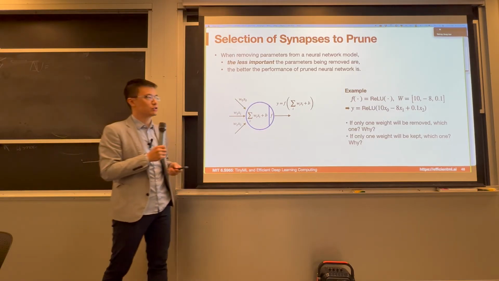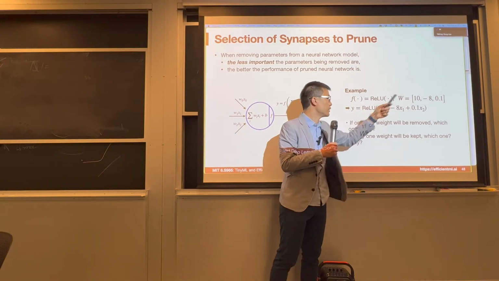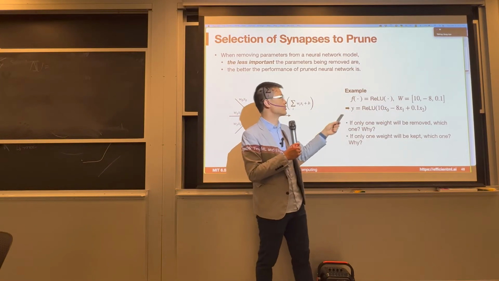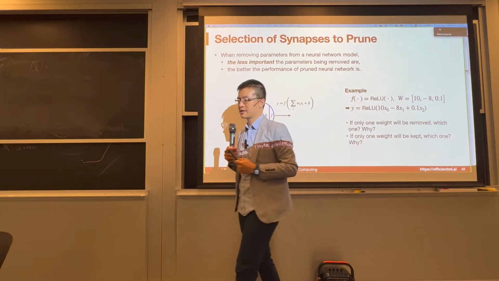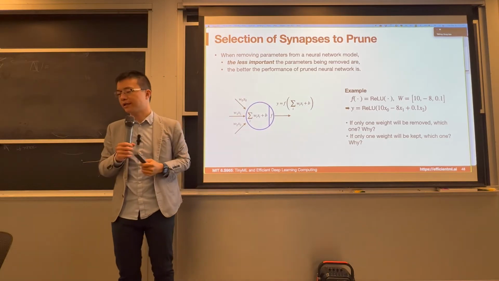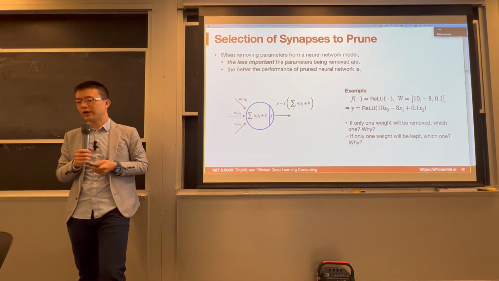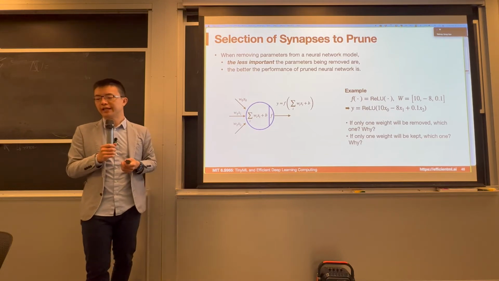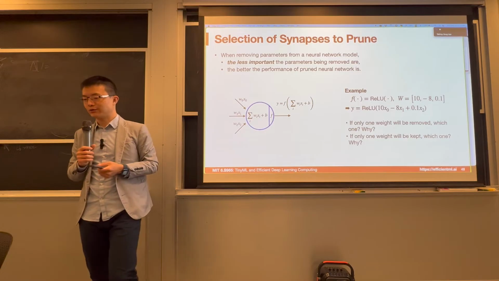Imagine we have 3 inputs, x0, x1, and x2, and this is just a one-layer neural net with 3 weights: 10, minus 8, and 0.1. So this is a simple one-layer neural net, like ReLU, with 10 x0 minus 8 x1 plus 0.1 x2.